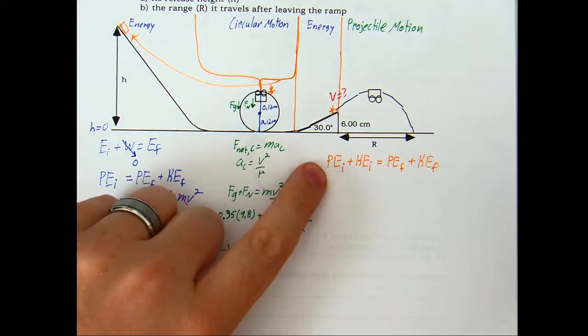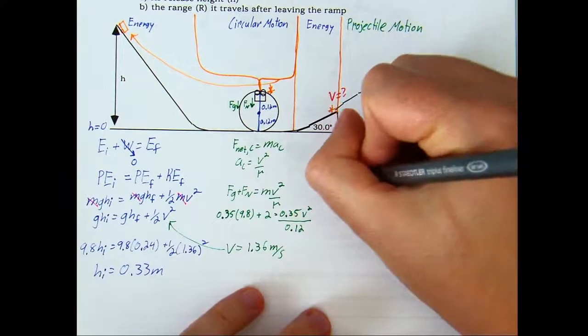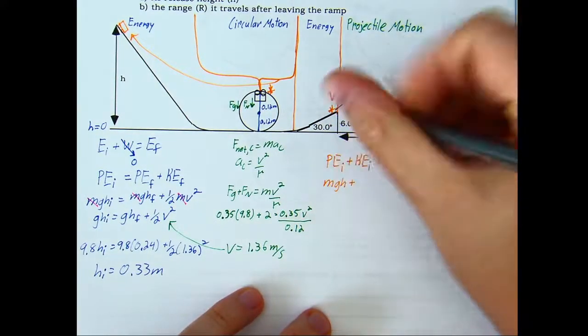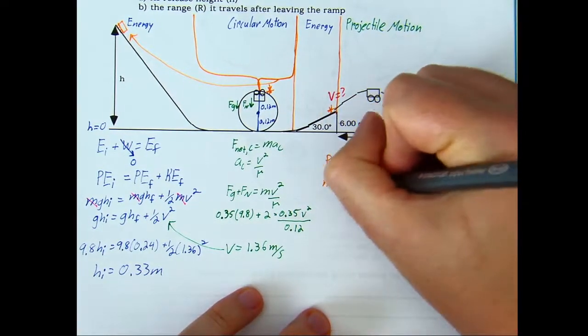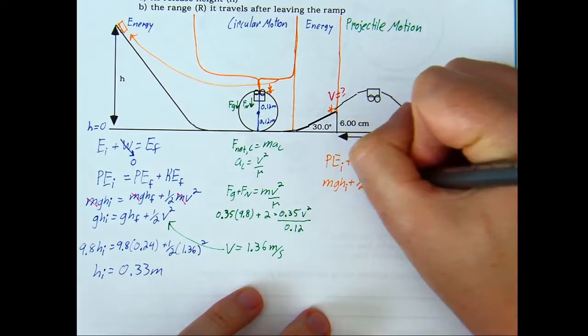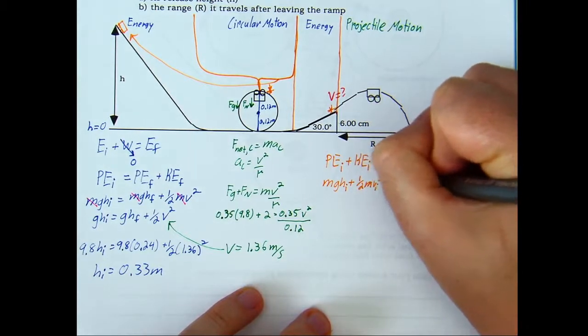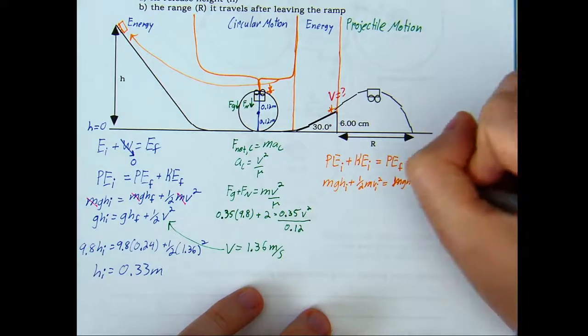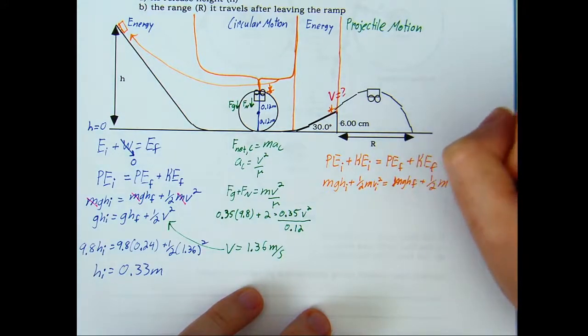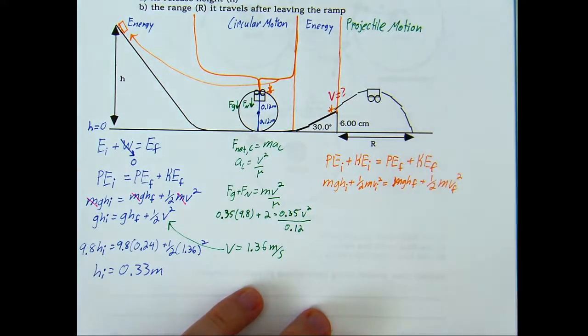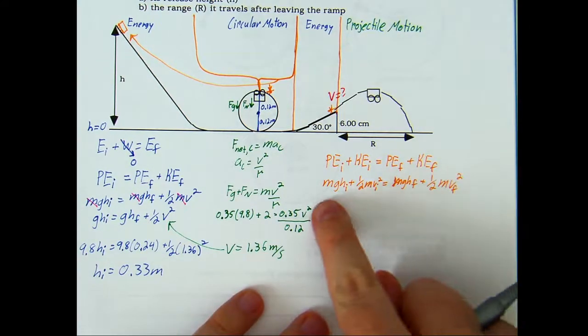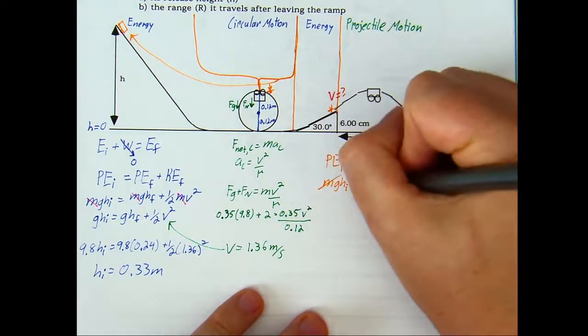The potential energy, again, this is not gravitation, this is just standard stuff. It's going to be mgh initial plus 1/2 mv initial squared equals mgh final plus half mv final squared. There's masses in every term, so they cancel.